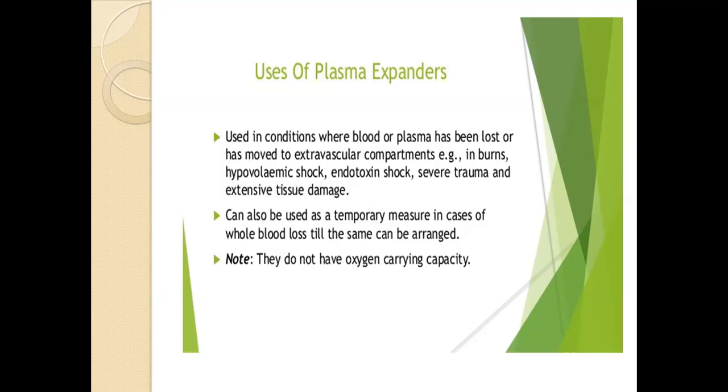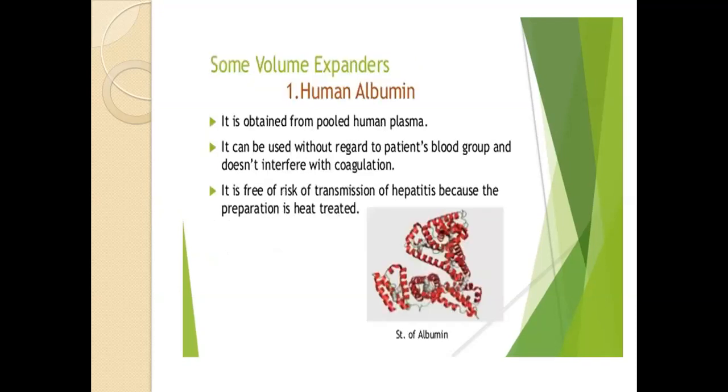They can also be used as a temporary measure in case of whole blood loss until blood can be arranged. Everybody note this: they do not have oxygen carrying capacity.